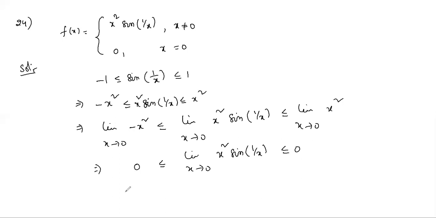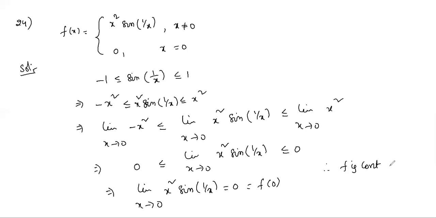In between 0 and 0 is also 0. So by the sandwich theorem, the middle one is also 0. The limit of x square into sine 1 by x is 0, and the function value f of 0 is also 0. So therefore f is a continuous function.